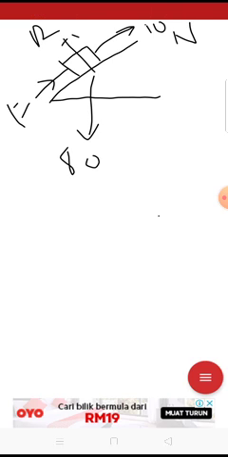Right, so for this question, I have roughly drawn the diagram for you to view. We assume that this object is at this point, we hold it to prevent the item from sliding down. If you prevent the item from sliding down, the frictional force will be pointing up.